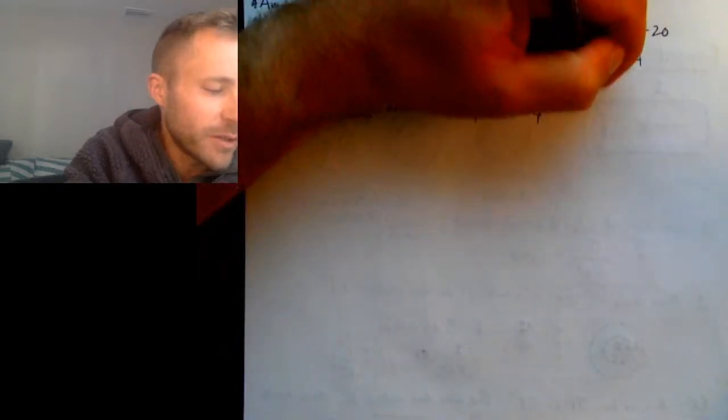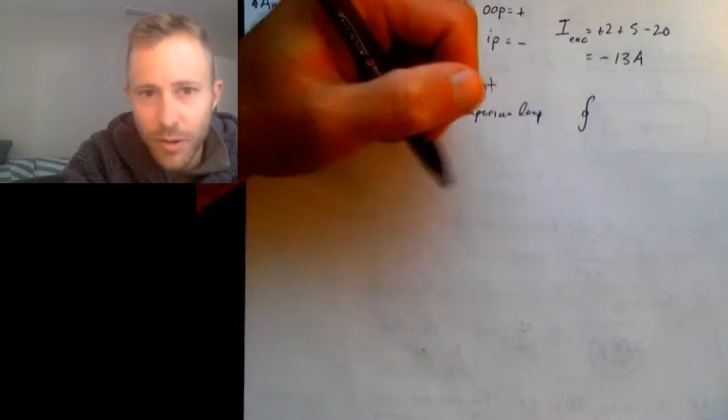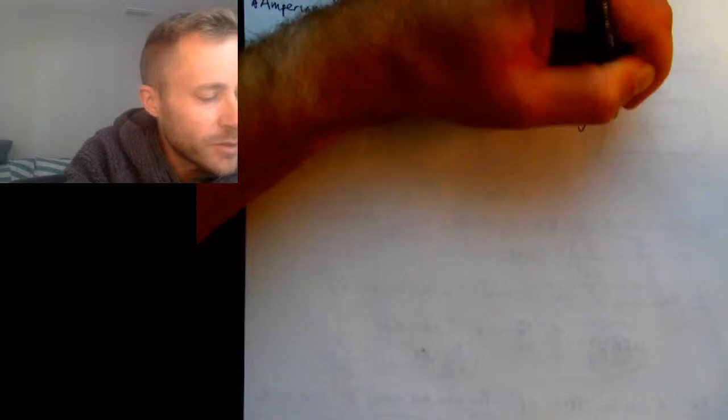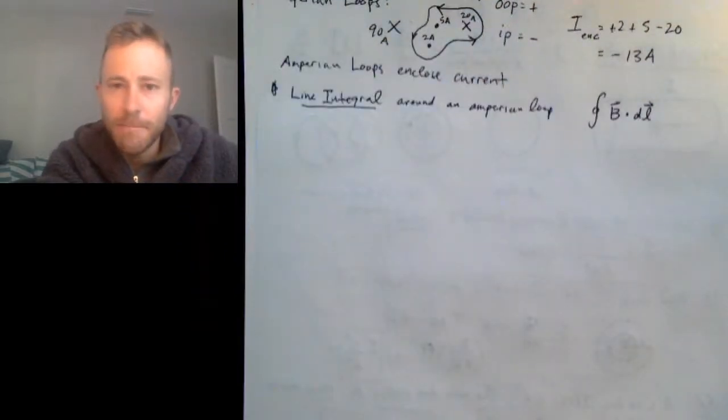And it's written like this. So it has a circle on it because it's an integral around a loop. B dot dl. Okay.